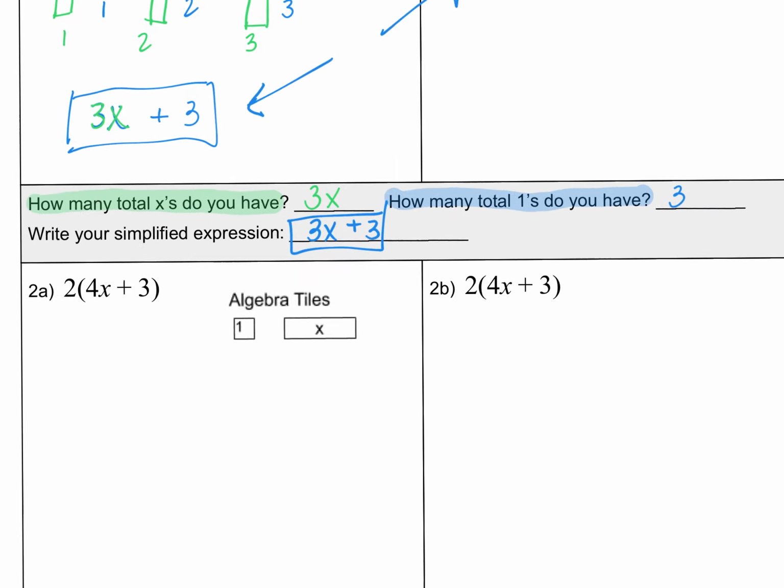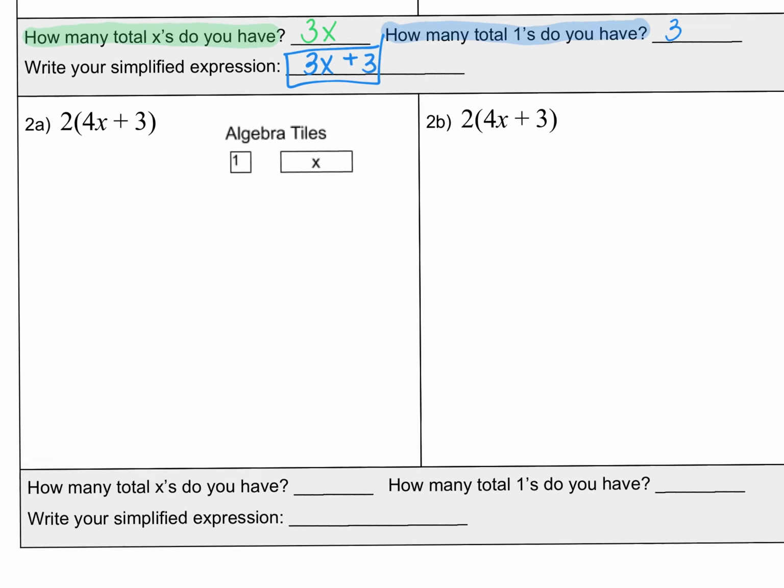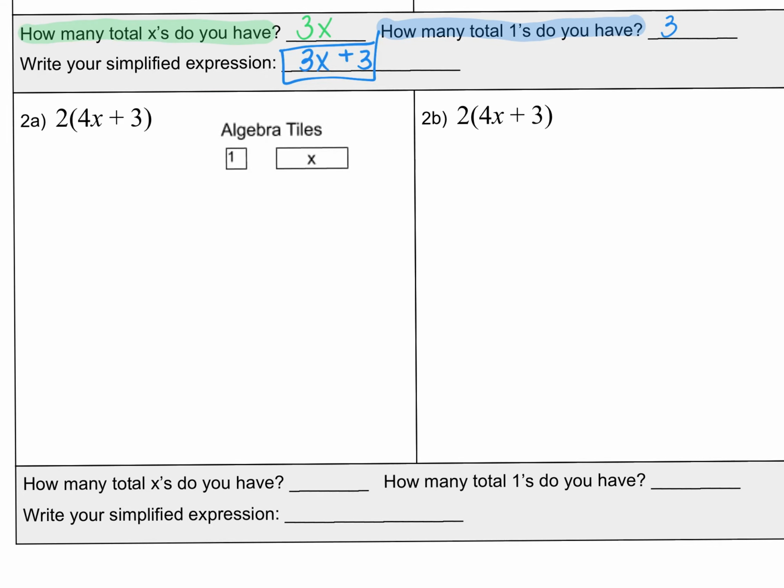Let's look at another one. Let's look at part 2. For number 2, we have 2 times 4x plus 3. That means that I have 4 x pieces and 3 ones pieces to represent my constant. I see here that it says I have 2 of these groups.